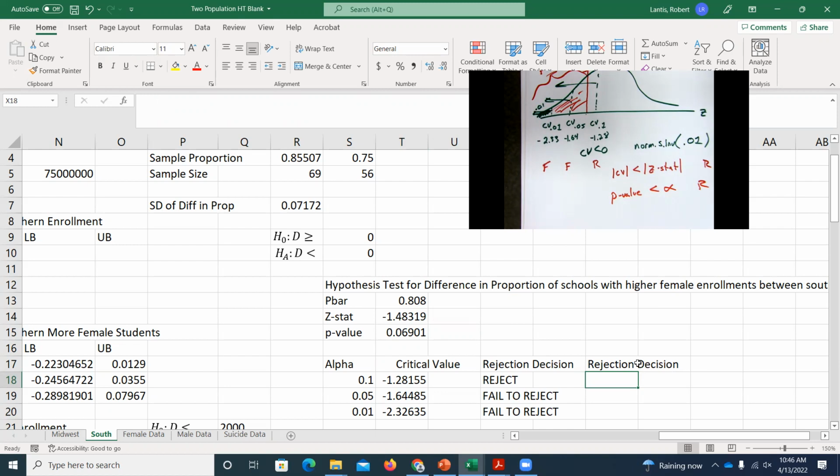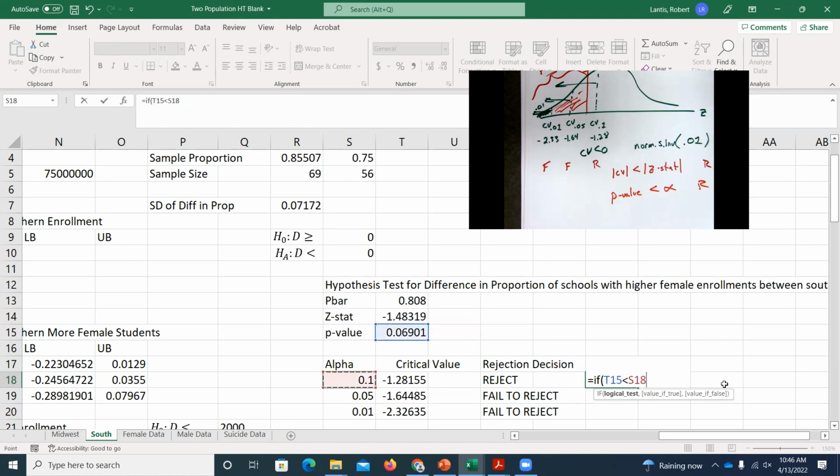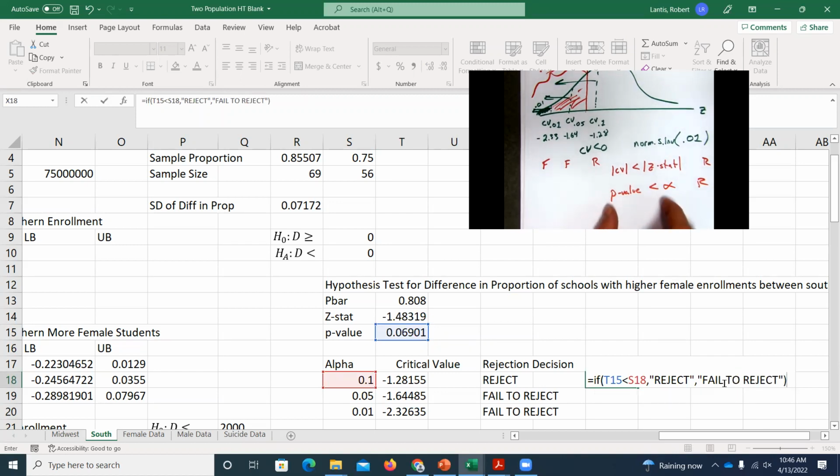So I can use the IF statement again and say, if my p-value is less than alpha, comma, put in the word reject, comma, if it's not, put in the words fail to reject. I'm just taking this thing I want to check: is that p-value less than alpha? If it is, I want to reject. If it's not, I want to fail to reject. And so I'll have those words put into that cell.